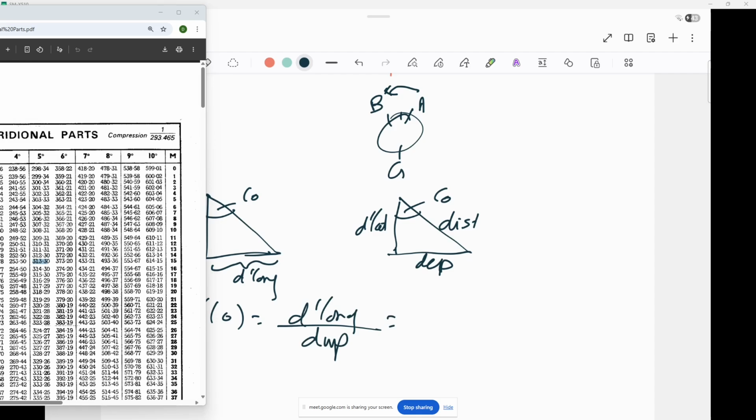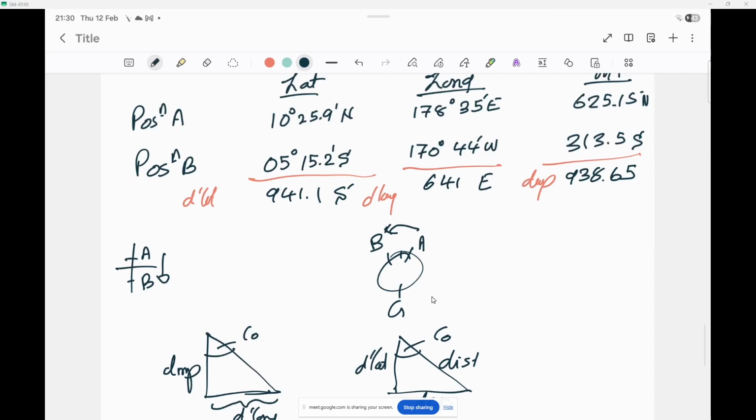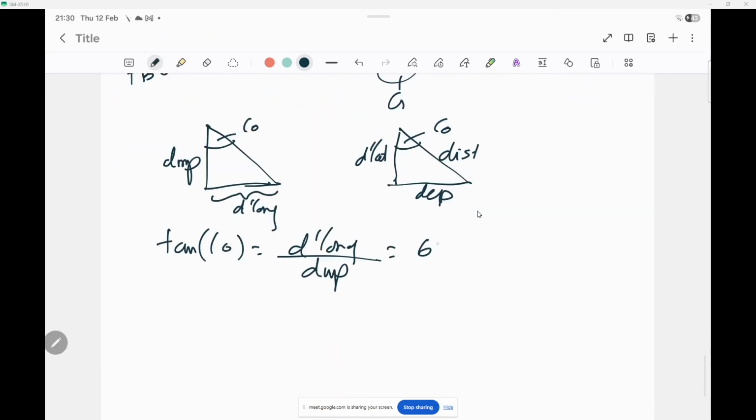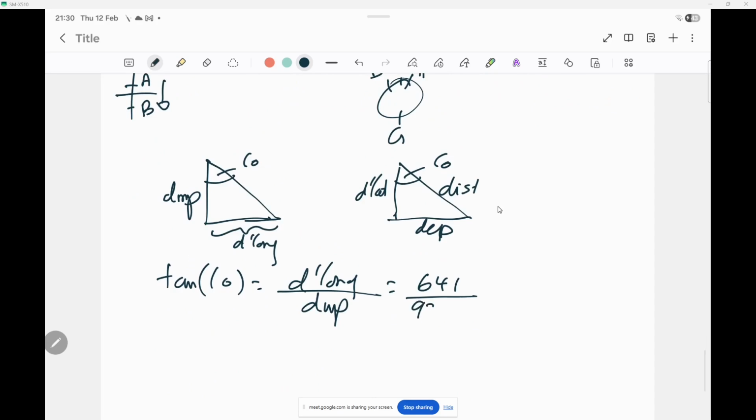So d long is how much? D long is 641 and dmp is 938.65. So the cos is equals to, let's go with two decimal places. It's better if you go with two decimal places.